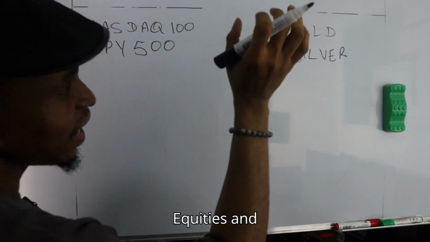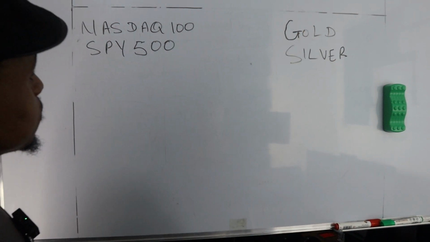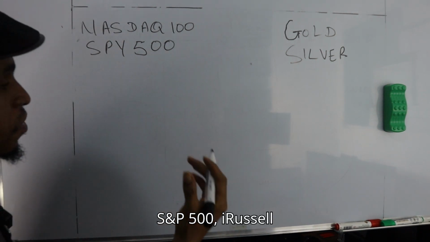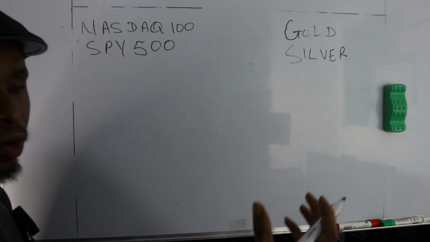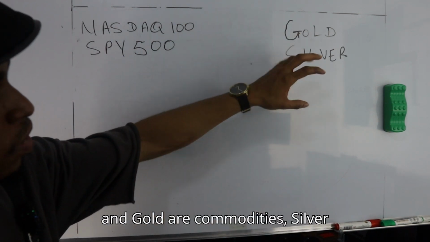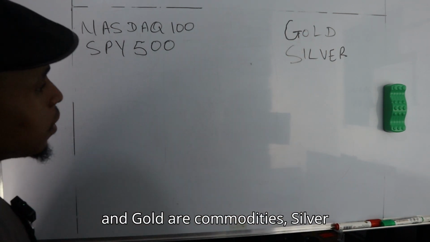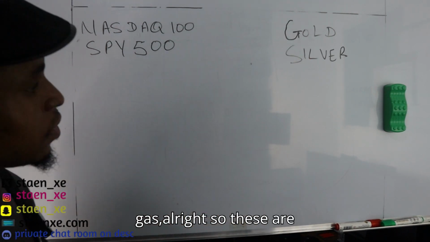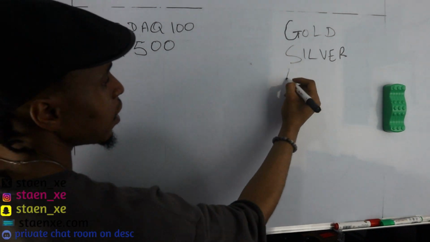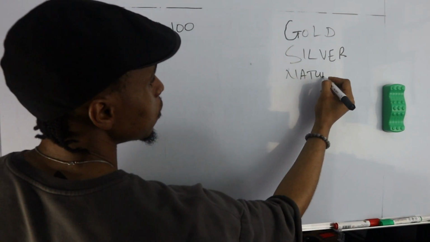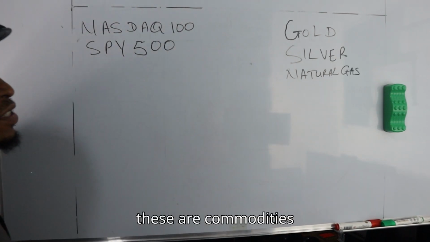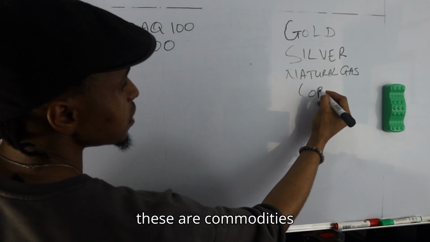Equities and commodities. Equities are Nasdaq 100, S&P 500, Russell, and gold, silver, copper, natural gas are commodities.